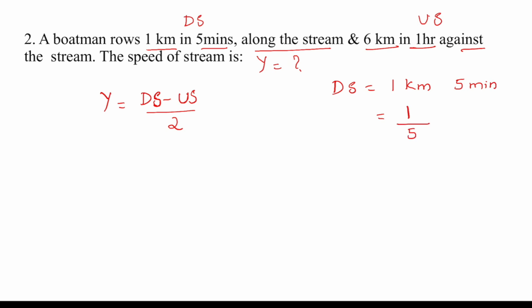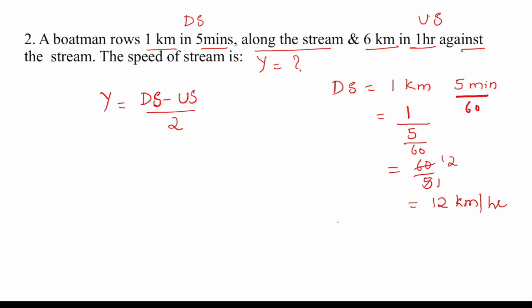But kilometer per hour we want, isn't it? So to convert 5 minutes into hours, divide it by 60. So it will be 1 divided by 5 by 60, which is 60 by 5, 5 twelves are 60. So downstream speed is 12 km per hour.